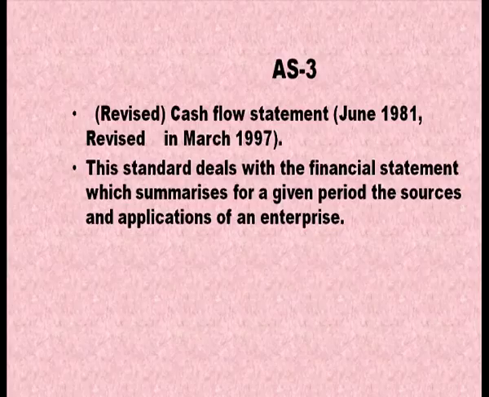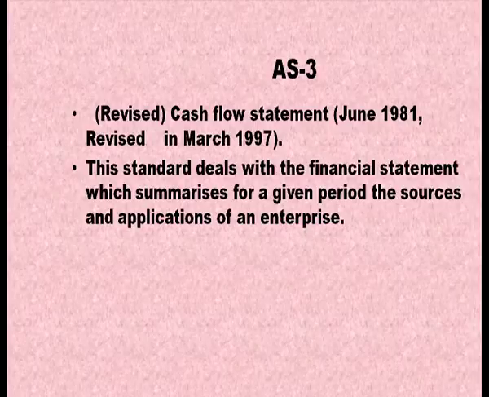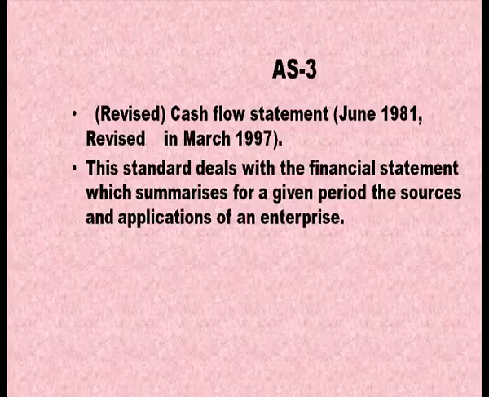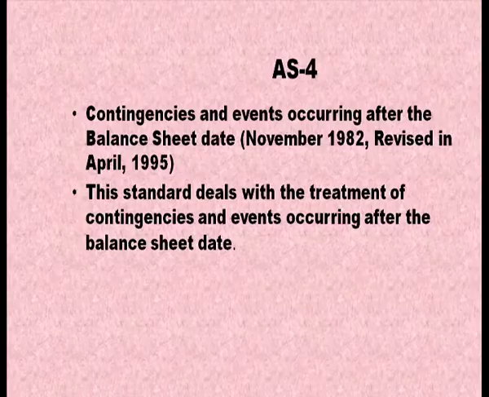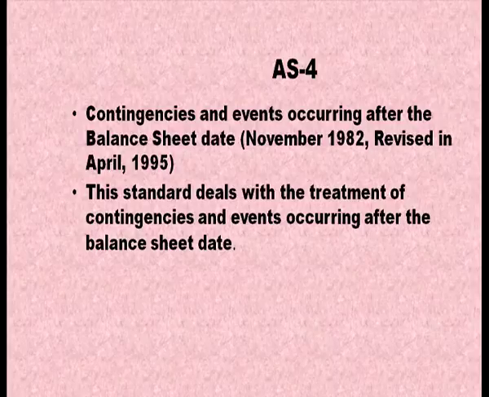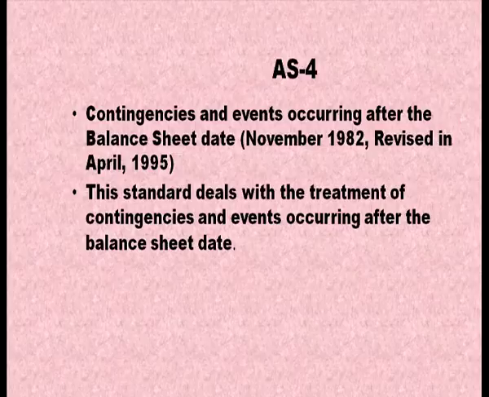AS3 is about the cash flow statement. This standard deals with the financial statement which summarizes for a given period the sources and applications of cash of an enterprise. AS4, Accounting Standard 4, deals with contingencies and events occurring after the balance sheet date.